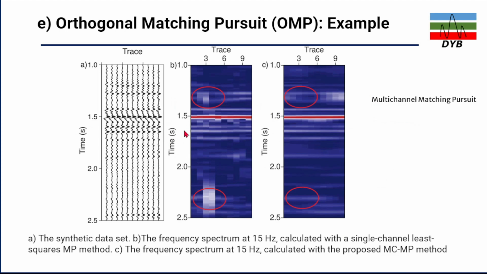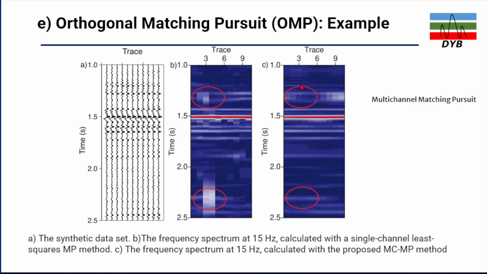Also, there are some applications of matching pursuit algorithms in the seismic field. On the left side, you can see the synthetic seismic data, and here is different data representing the frequency spectrum at 15 hertz. But here you can see a lot of artifacts produced by the single-channel least square matching pursuit method.